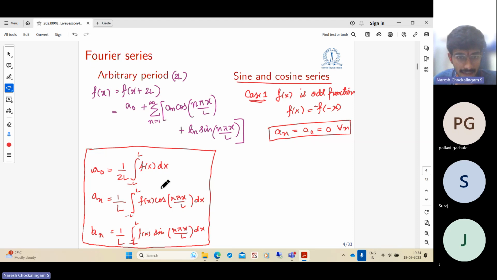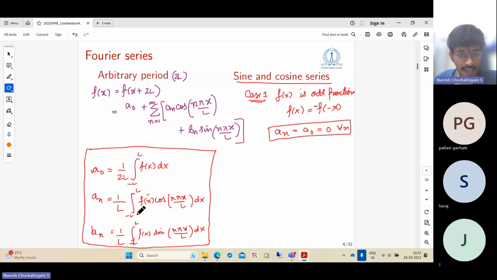And what about the second case? This is an odd function, and this is an even function. So together it is an odd function. If you replace x with minus x, this will become minus f of x, but this will remain just cos n pi x by L because cos of minus x is cos x. In that case, the entire integrand has changed its sign by a minus 1.